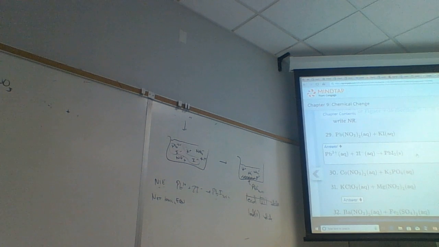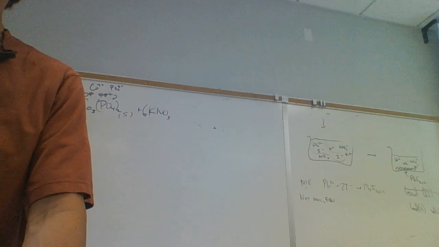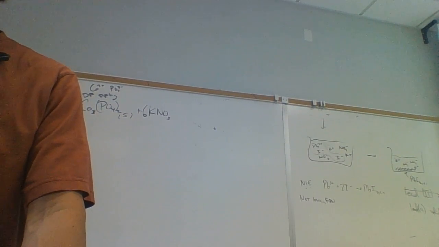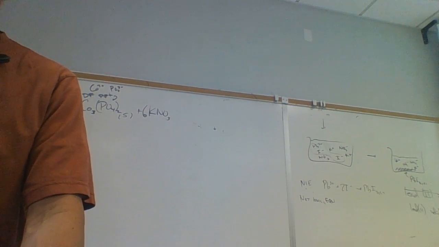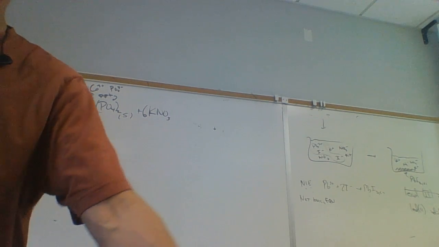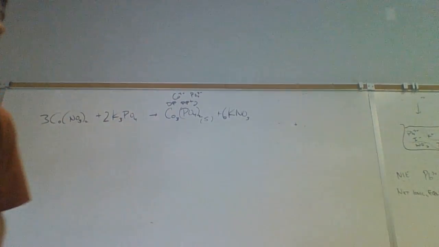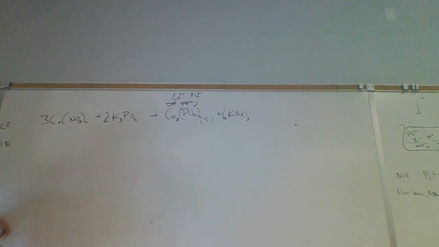In the IE, is water going to break apart the lattice? The question is, will water break apart the lattice? Yes, if it's a soluble salt. No, if it's an insoluble salt. Is this a soluble salt? Yeah. And so what is going to form? Well, we're going to break it apart into ions. How many cobalt ions? 3 cobalt 2s.